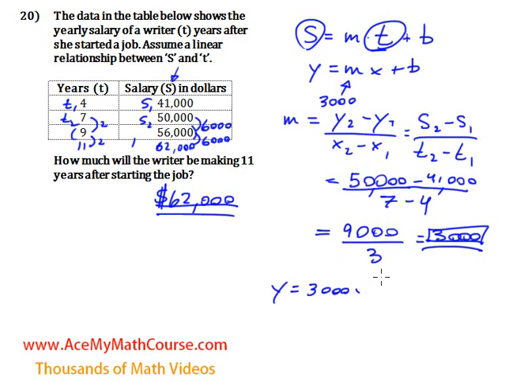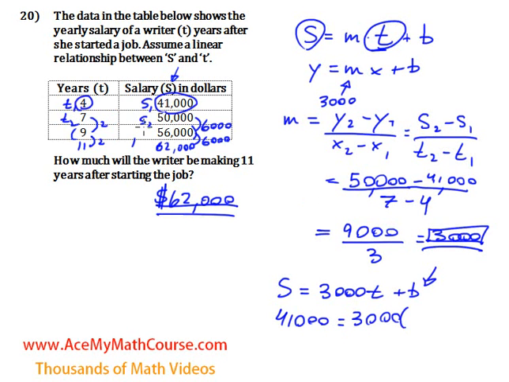Now, I actually meant to write S instead of Y. S equals 3,000 T plus B. Now, how do we solve for B? Well, I can just plug in 4 for T and 41,000 for S. That easy.